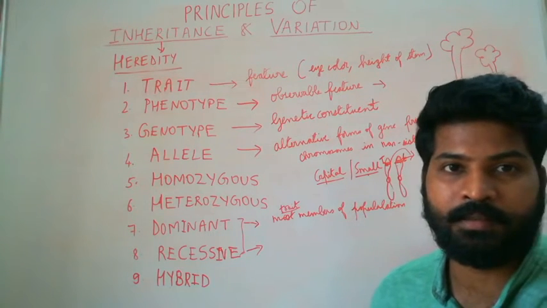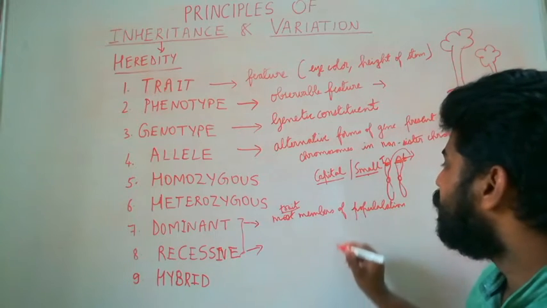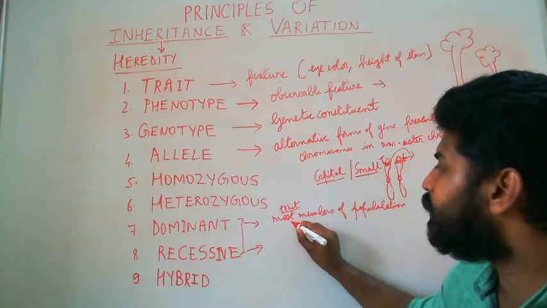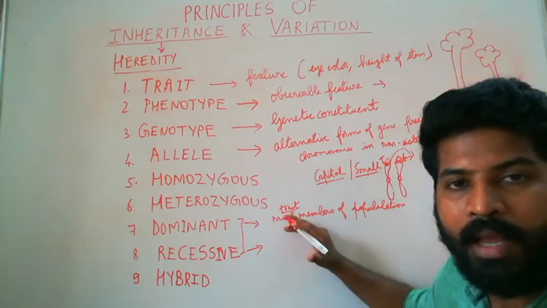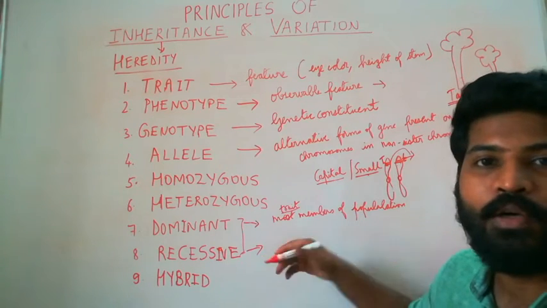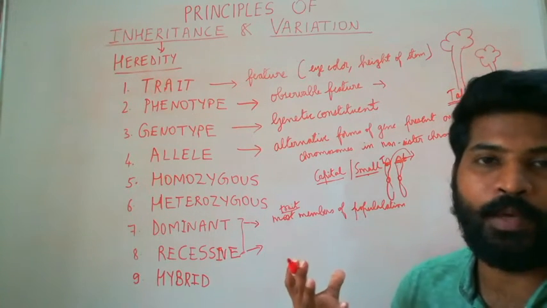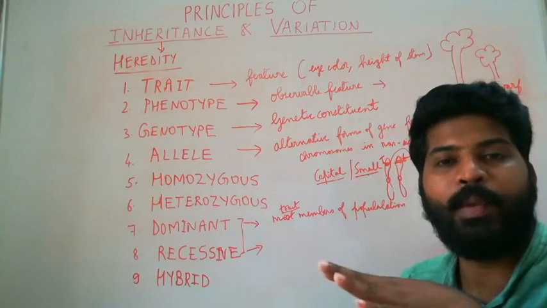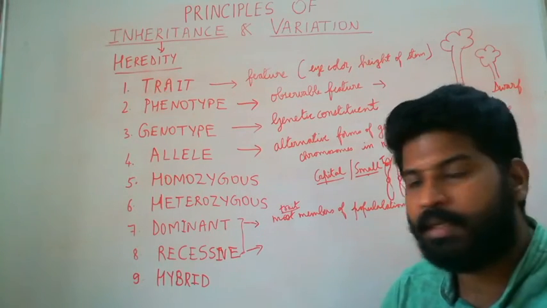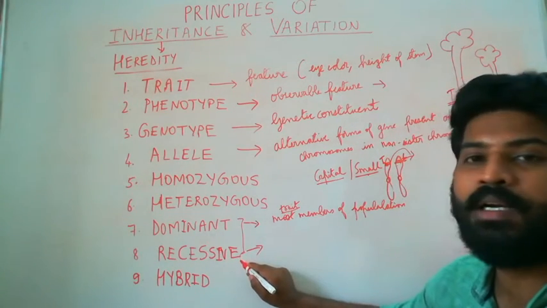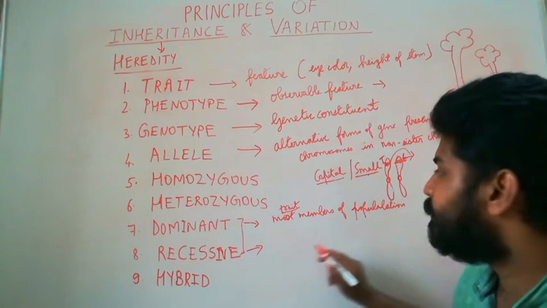Why is this? This is because the dominant trait does not allow the recessive trait to show up. It will suppress or mask the expression of the recessive trait.